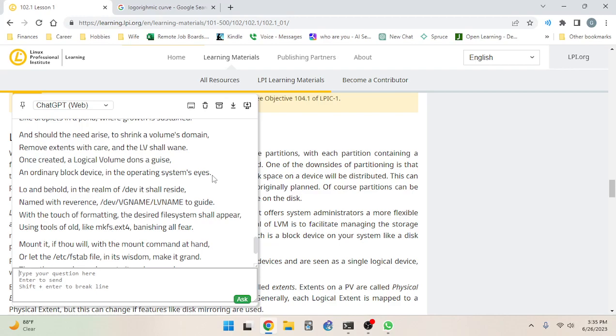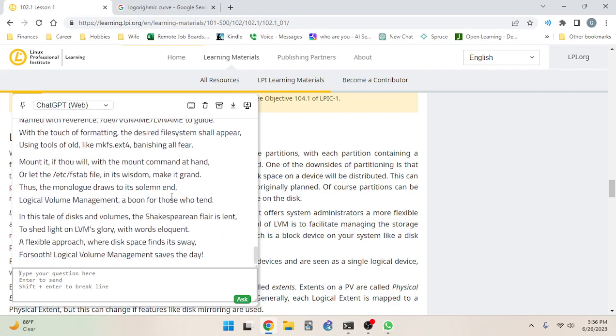Once created, a logical volume dons a guise, an ordinary block device in the operating system's eyes. Lo and behold, in the realm of /dev it shall reside, named with reverence /dev/vgname/lvname to guide. With the touch of formatting, the desired file system shall appear using tools of old like mkfs.ext4, banishing all fear.